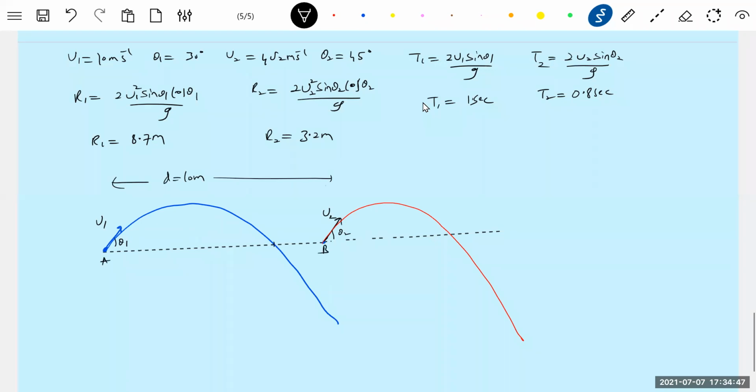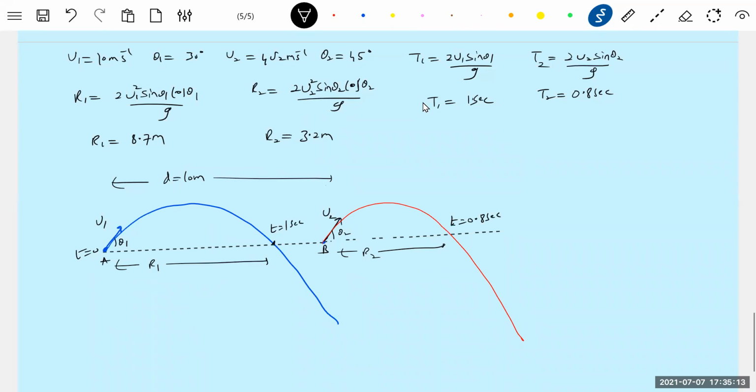Here, what is that R1? R1 is this one, and this is R2. And how much time will it take? At t equals 0, it was projected. After 1 second, it will be here, and 0.8 second for the other.